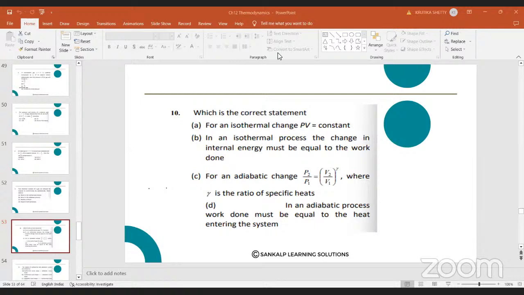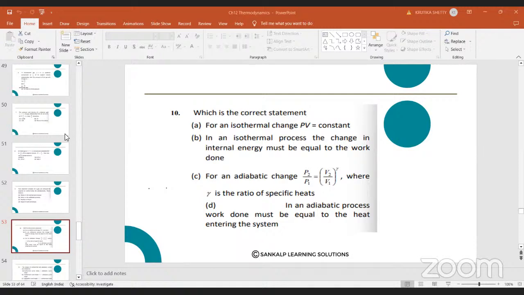If you change the equation, see the equation is what?